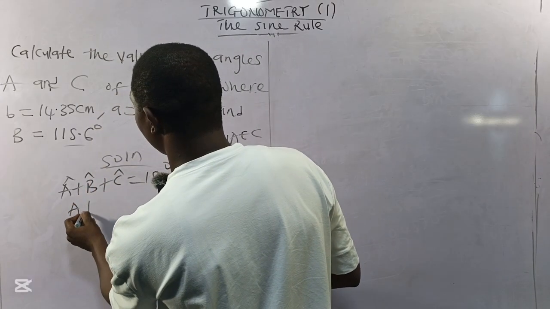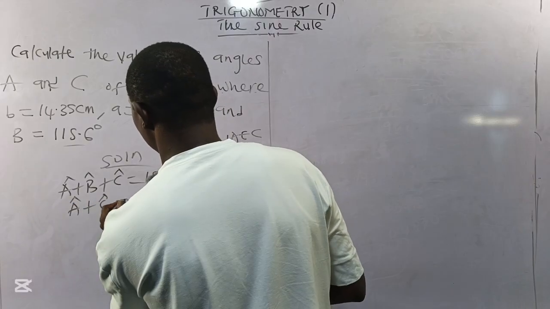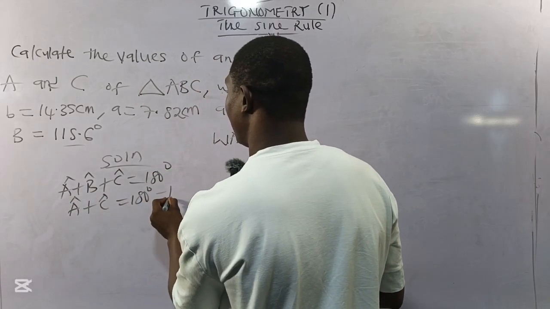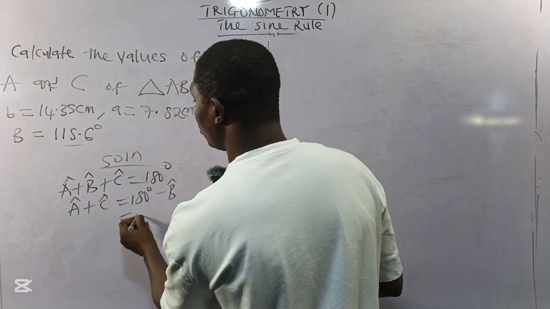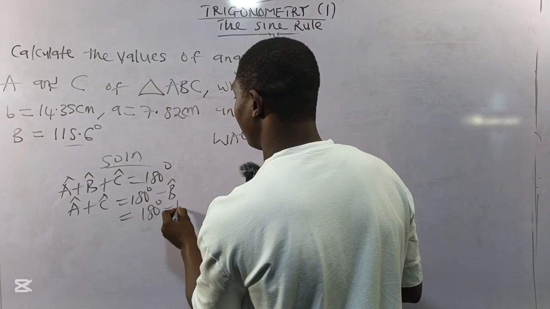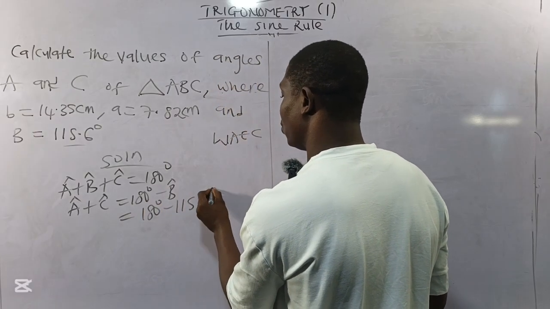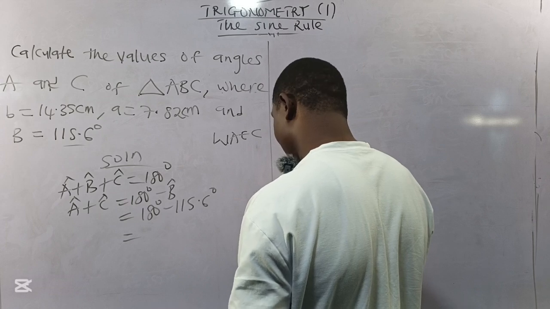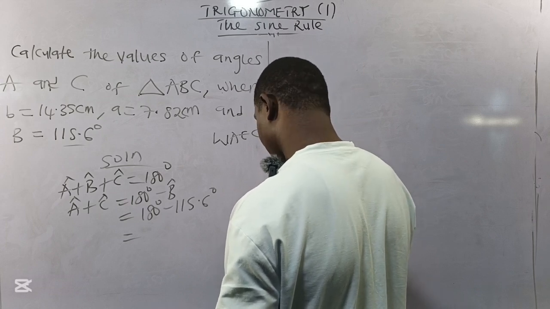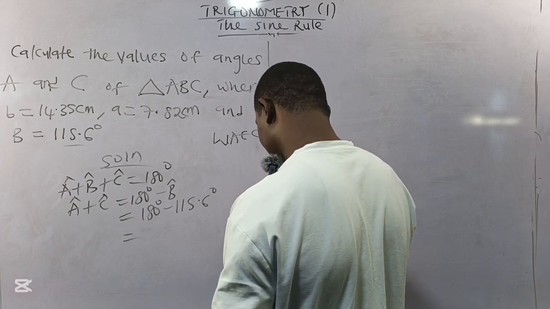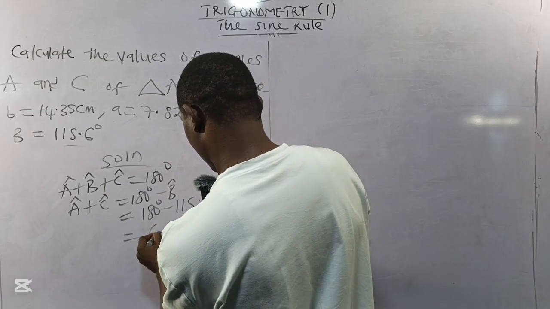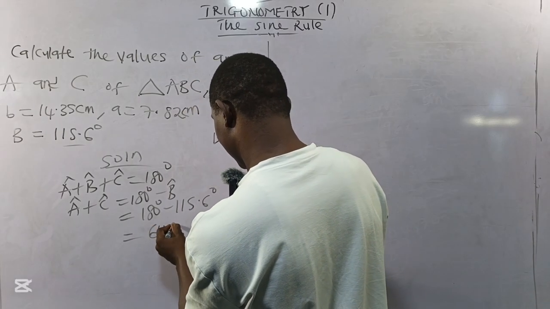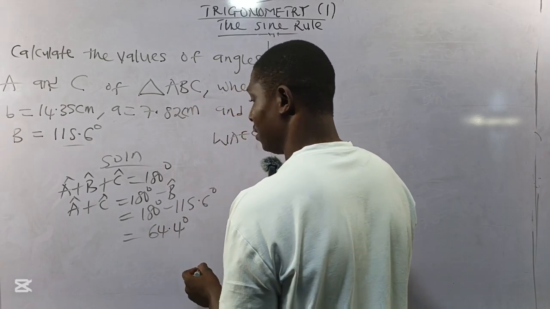So angle A plus angle C will be equal to 180 degrees minus angle B, which will be equal to 180 degrees minus 115.6 degrees. 180 minus 115.6 will give me 64.4 degrees.